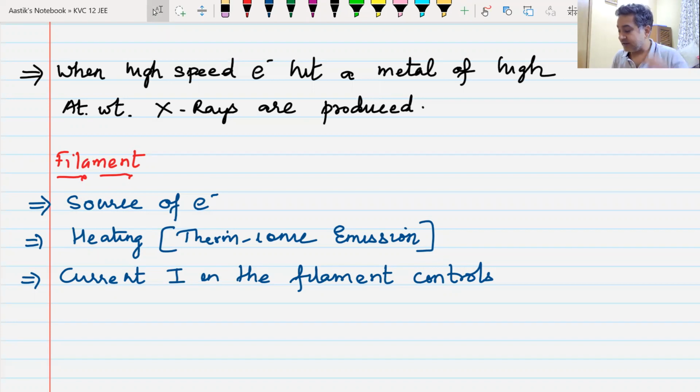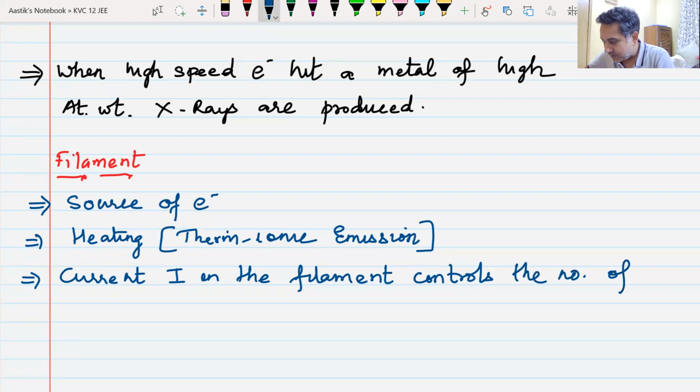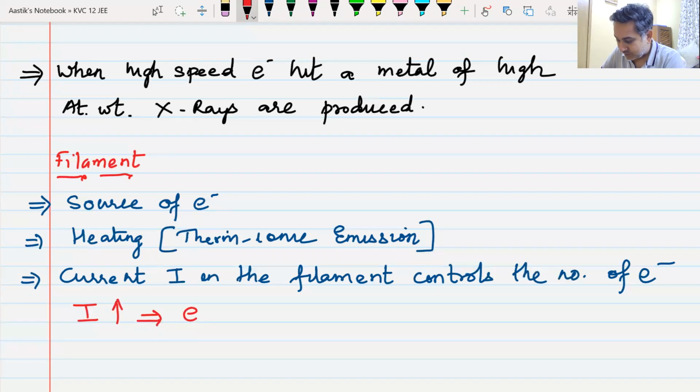Yes. The current in the filament controls the number of electrons that are produced. When current is increased, the number of electrons will increase.